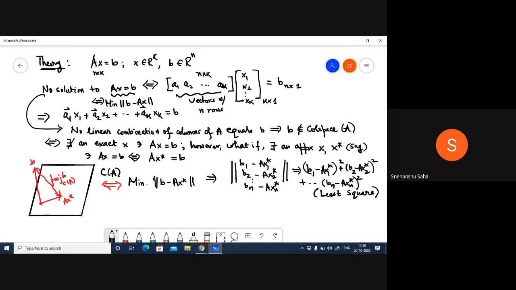Having said that, I'm not exactly computing the exact solution. What I'm doing is coming up with a least square estimate for the system AX equal to B. This implies that what I'm trying to find is the closest vector to the subspace.